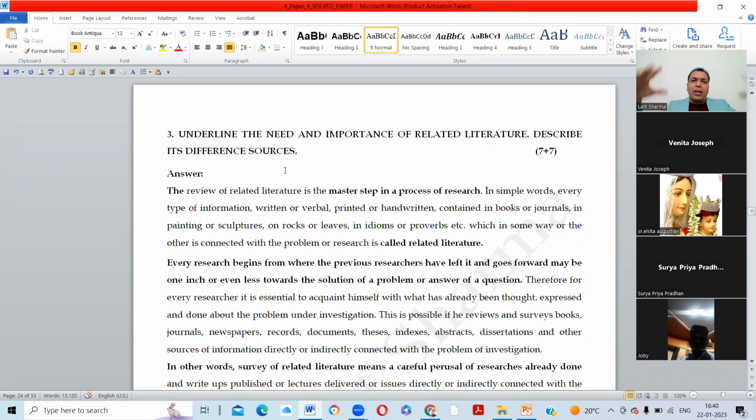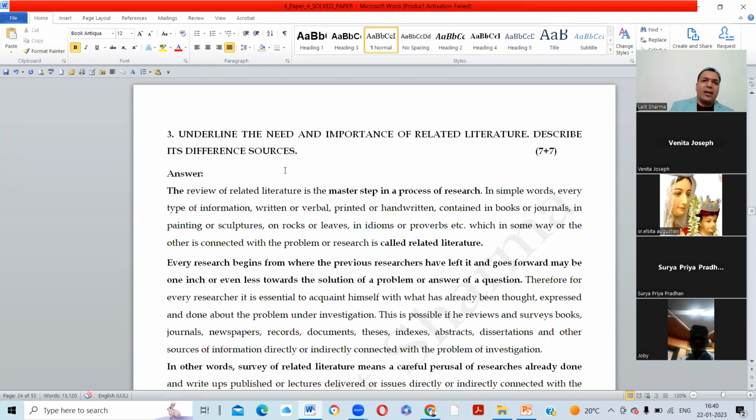So guys, now it must have come to your mind that the examiner is asking two things. Number one, the need and importance of related literature, and number two, the sources of related literature, 7 plus 7, right? So that is how you have to do it.